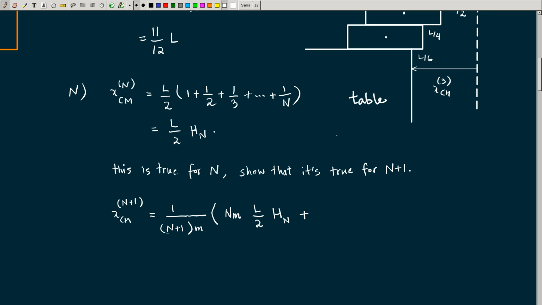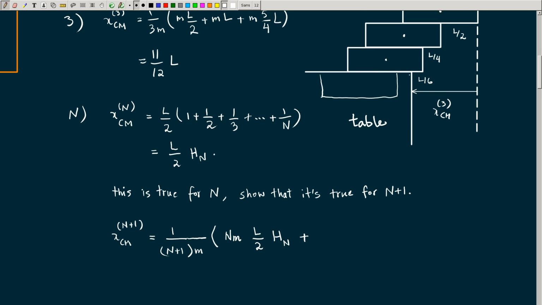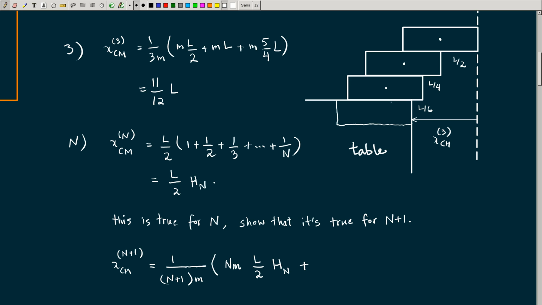Where does it sit? Okay, let me just draw one here. Of course I drew it wrong. The last one should sit at this point where the table meets, because we want these to be in equilibrium.